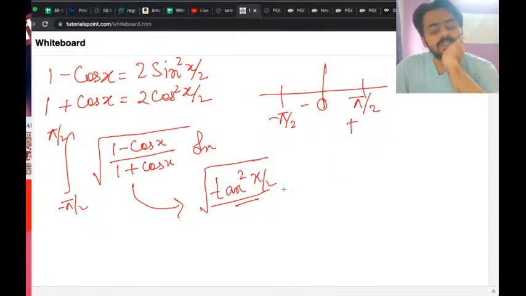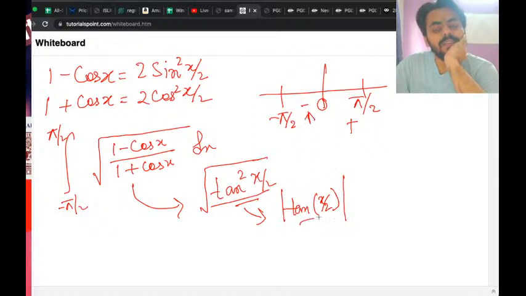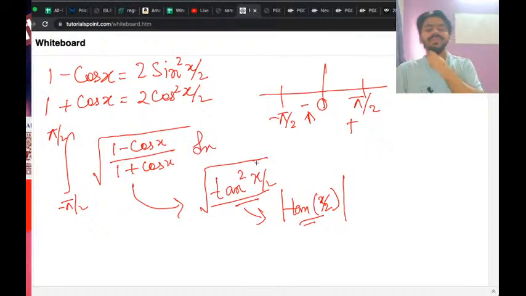But tan square will be positive. The moment I take this root, it will be mod of tan x by 2, because tan is negative for a while, so I have to be careful and take a mod over here. When I take a square root, it gives you only the positive value, not the negative value. So this guy is mod tan x by 2 from minus pi by 2 to plus pi by 2.